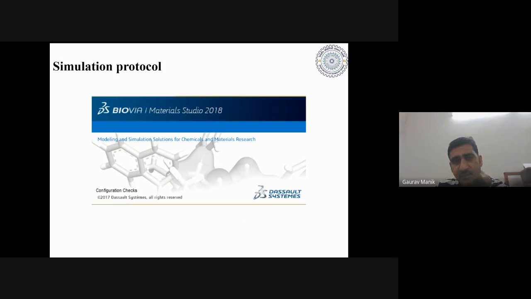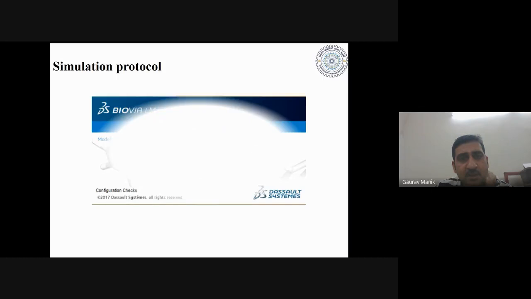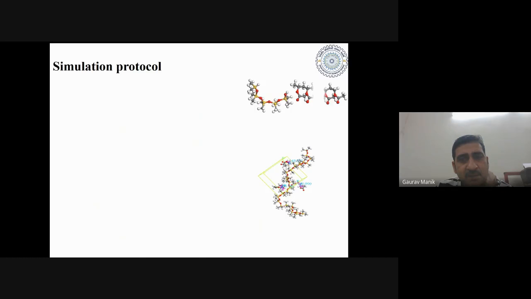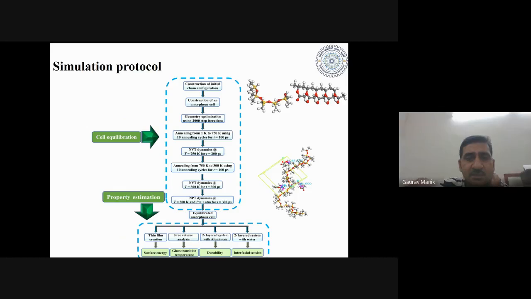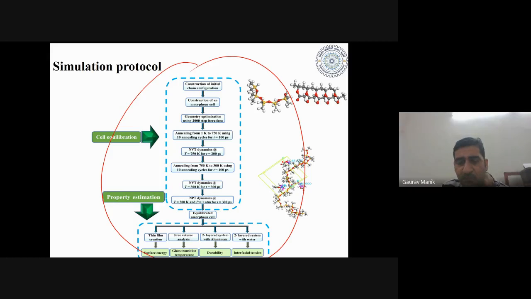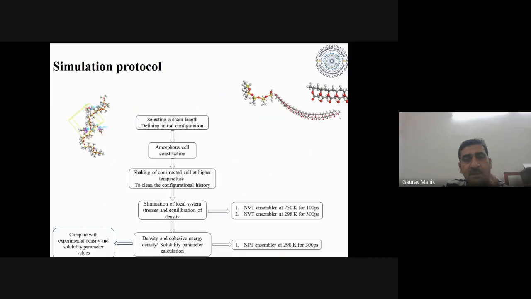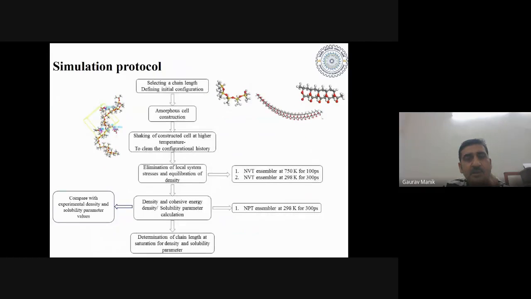This is the software that we have used, these are the molecules, and this is a general protocol. I would not go into complete detail at this point, but what we could find out is that we could analyze glass transition temperature and durability, understand interfacial tension and surface energy, and so these are different protocols.